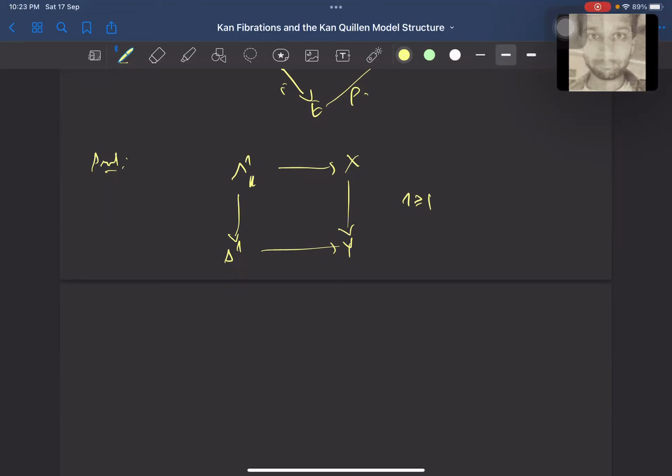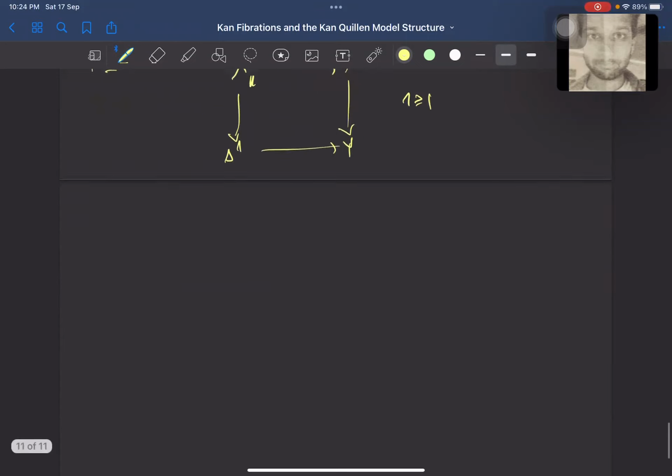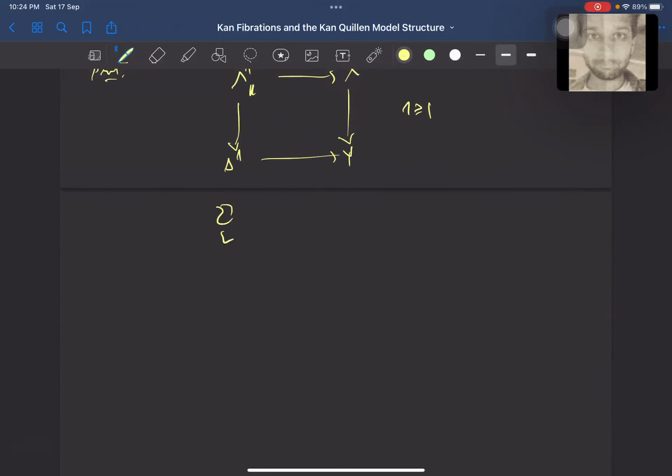Now, if we sum over L, let me name the set L. We have the set L of commutative diagrams. Summing over L, we get something like this.